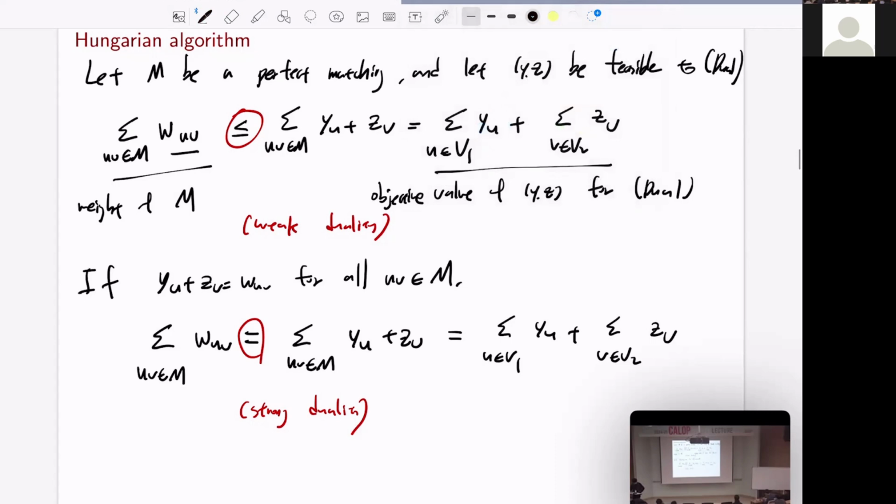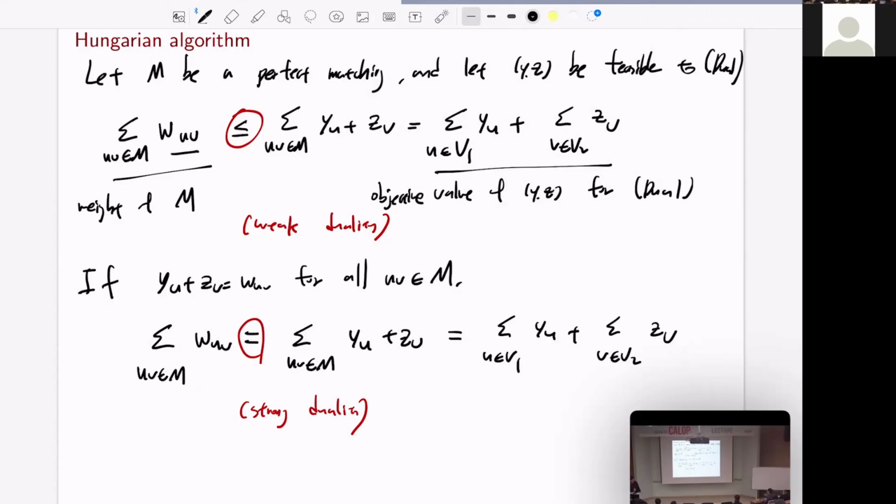So what is the meaning of this? For any perfect matching and any feasible solution to the dual, there's an inequality: the weight of this matching is always upper bounded by the value of the dual. But if I impose a condition, then you can achieve equality between these two. It means that the weight of this matching is maximum possible, and the value of the dual solution is minimum possible.